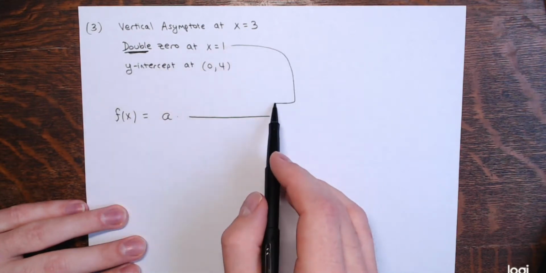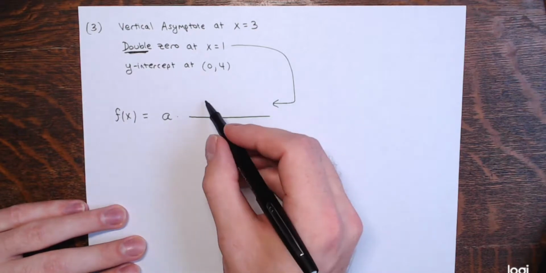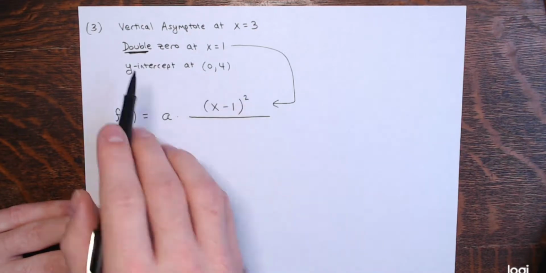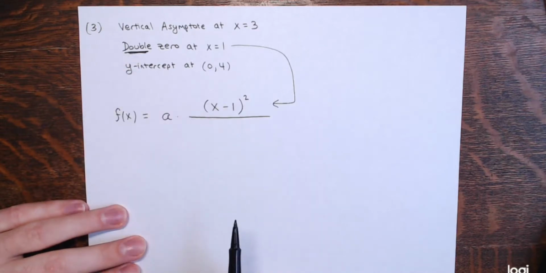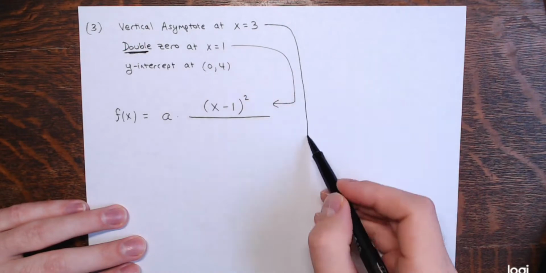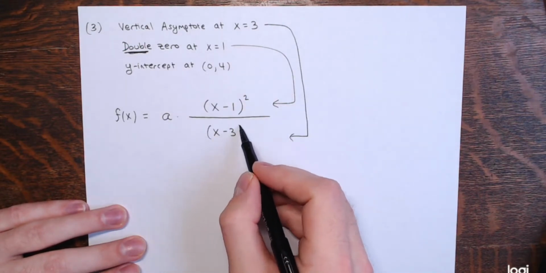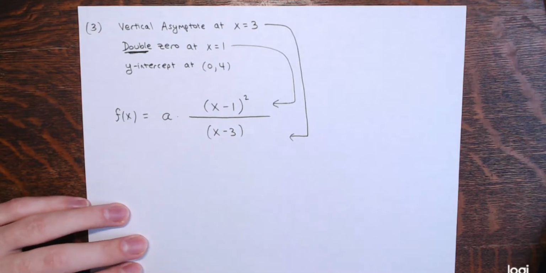When they say a double 0 at x equals 1, that means the numerator is going to have a factor of (x minus 1) squared. All right, double 0, multiplicity of 2. Vertical asymptote, x equals 3, so you have a factor of x minus 3 in the denominator there.